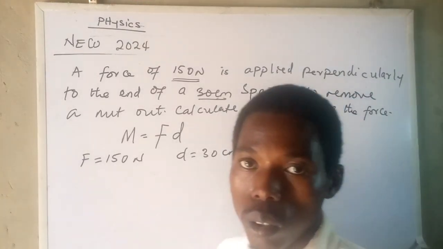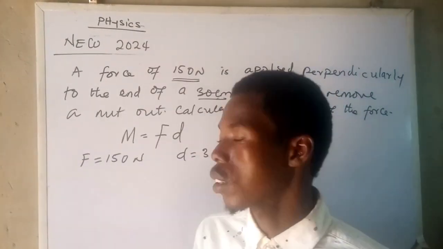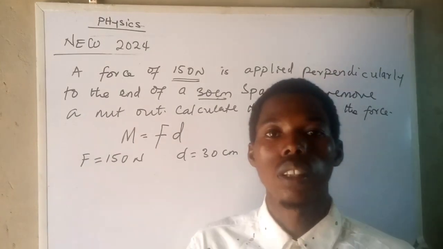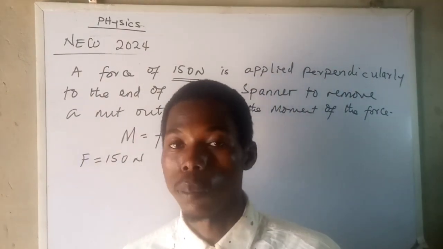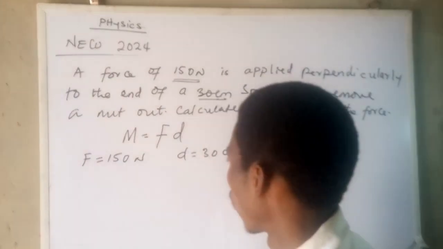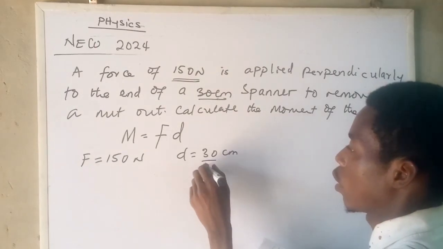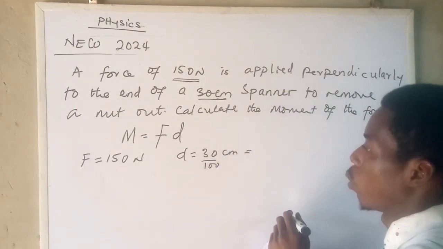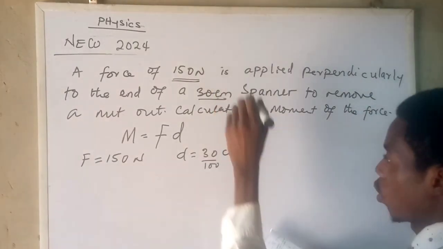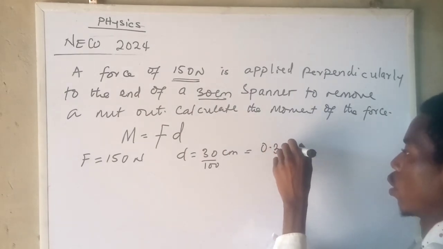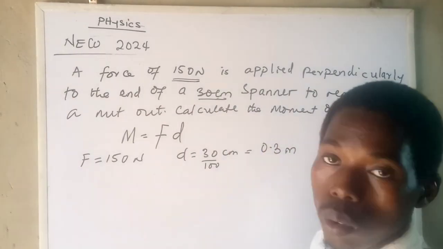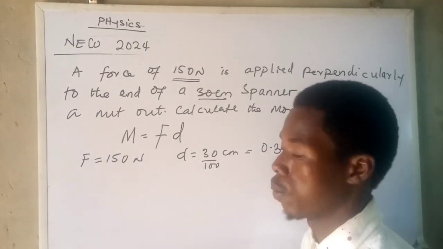So as you already know, we cannot use the distance in centimeter. We must change it into meter by dividing by 100. So if we divide this 30 by 100, we will have 0.3 meter. So let's just substitute.